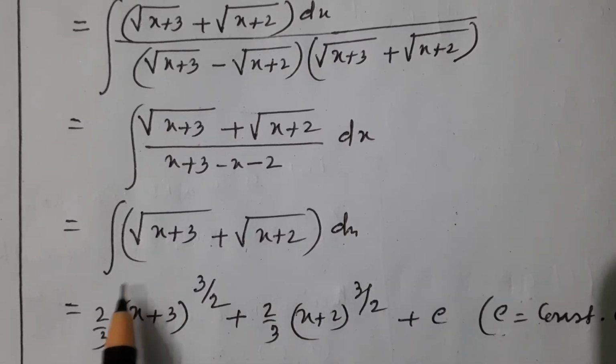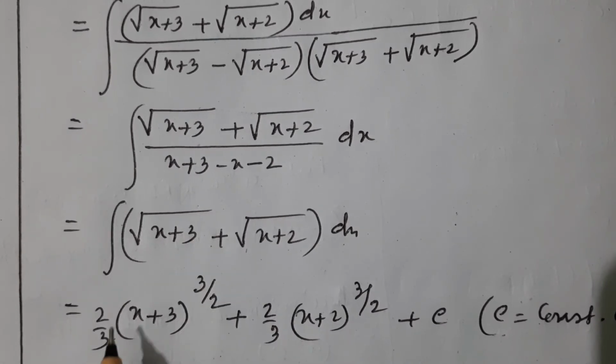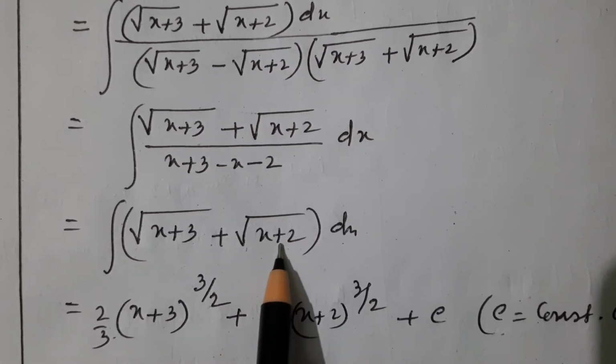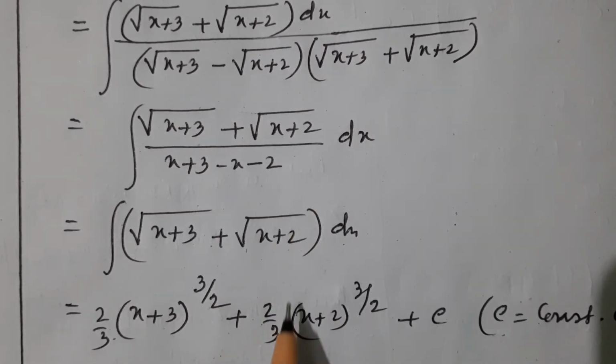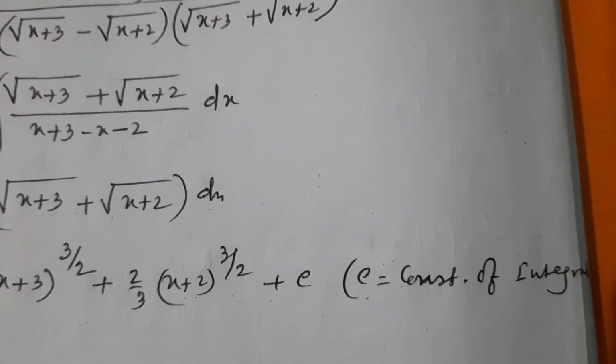And if we integrate separately, we get x plus 3 whole to the power 3 by 2 by 3 by 2, that is 2 by 3 into x plus 3 whole to the power 3 by 2, plus x plus 2 whole to the power 3 by 2 by 3 by 2, that is 2 by 3 into x plus 2 whole to the power 3 by 2, plus c, and c equals constant of integration.